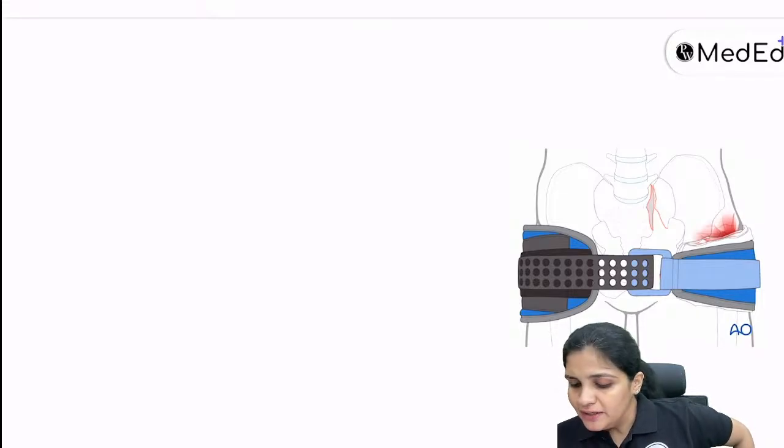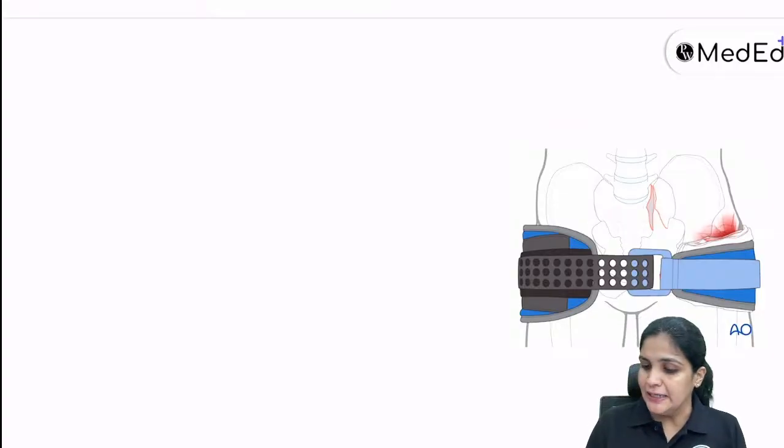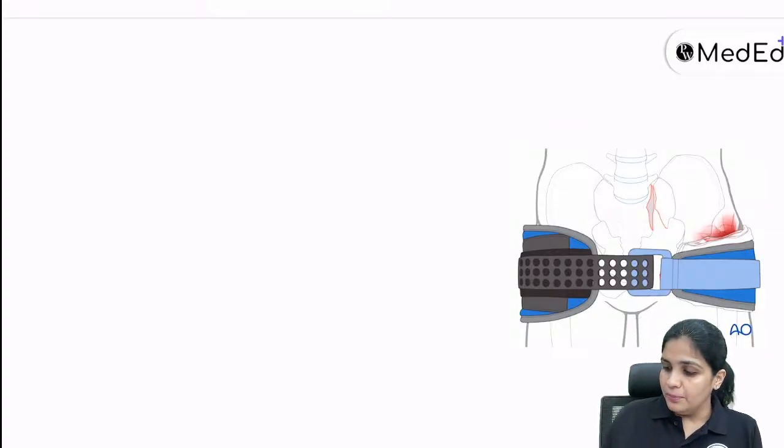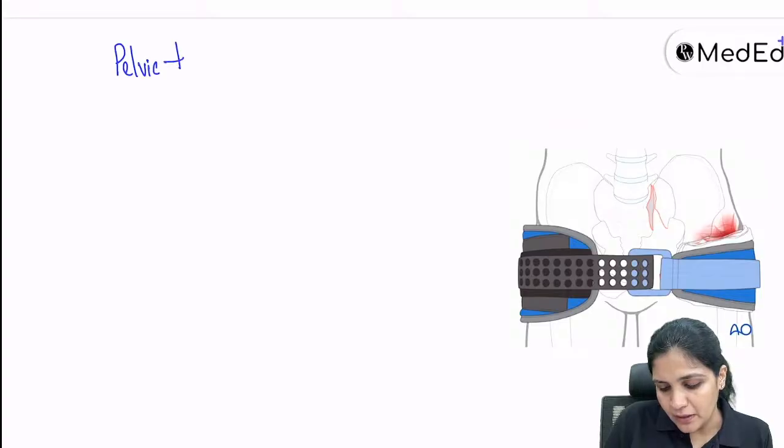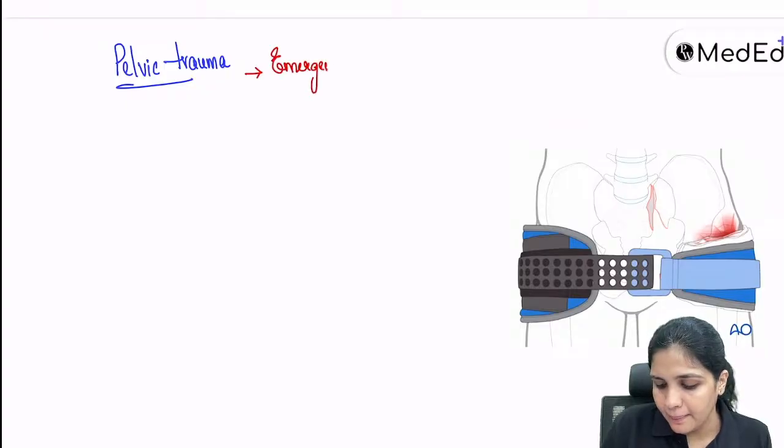So this was a very important question which was asked in the NEET. This is for pelvic trauma, which is considered to be one of the most important emergencies. And the first step, what do we do?